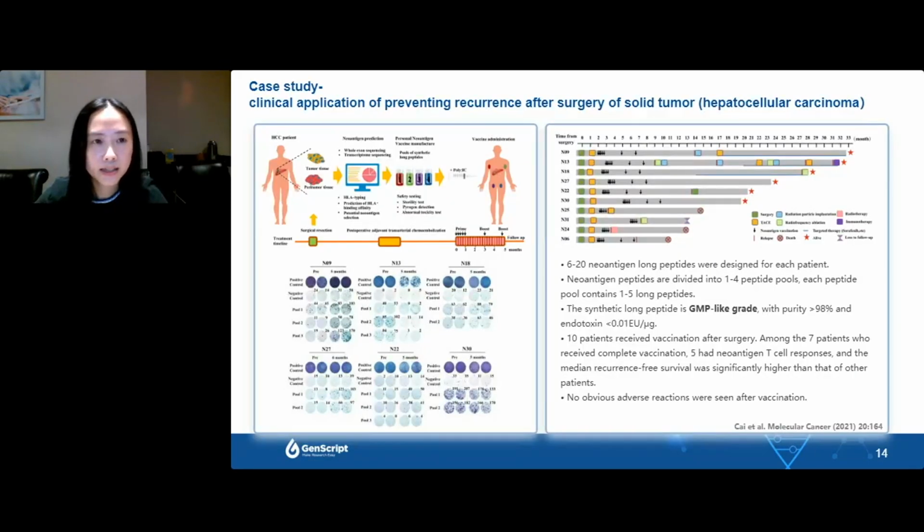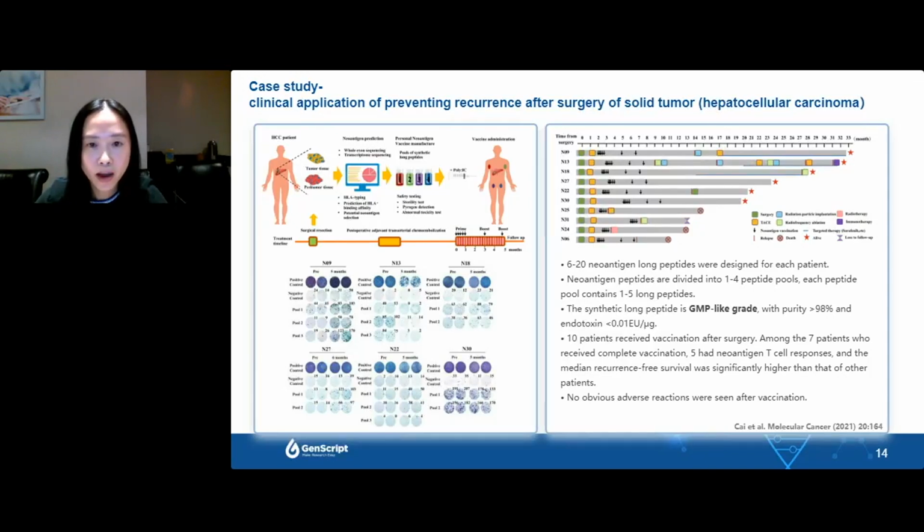Okay, next, let's see this case study by using the neoantigen peptides. It's a clinical application of preventing recurrence after surgery of solid tumor. 6 to 20 neoantigen long peptides were designed for each patient.